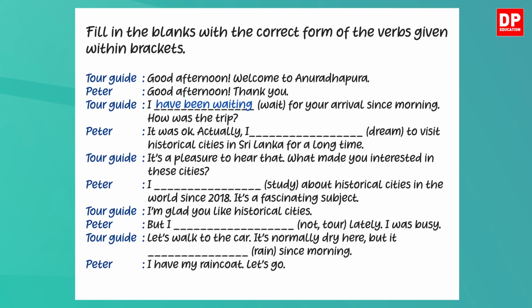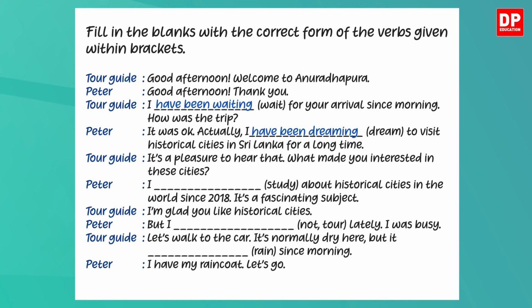What about the second? There also the action has started in the past and continued to the present. So you have to fill the blank with the present perfect continuous form of the verb. So the sentence should be, actually I have been dreaming to visit historical cities in Sri Lanka for a long time.